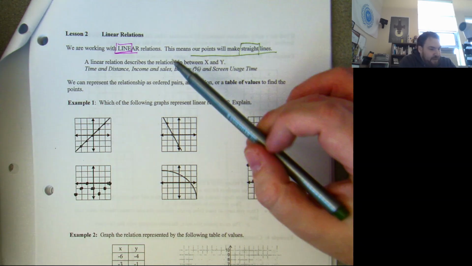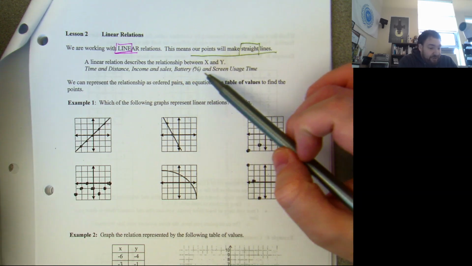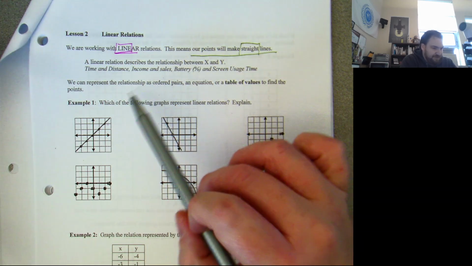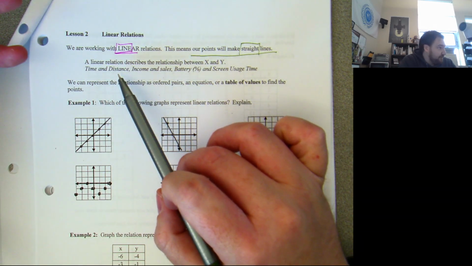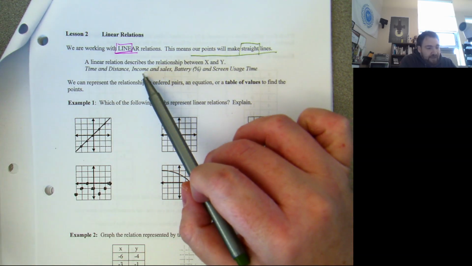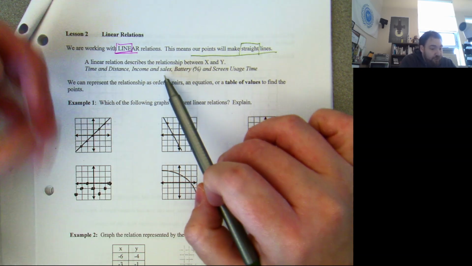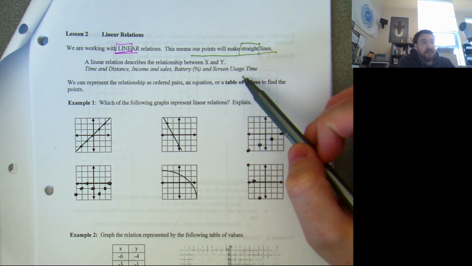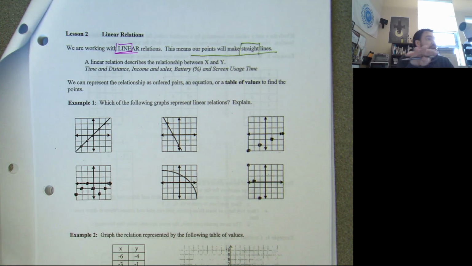A linear relation describes the relationship between x and y. For example, there's all sorts of different relationships. Time and distance is a relationship that exists. The amount of money you make versus how much you sold. Battery percentage versus screen usage time. These are all things that you can draw a straight line to connect conceptually.